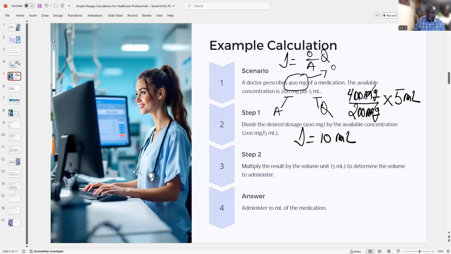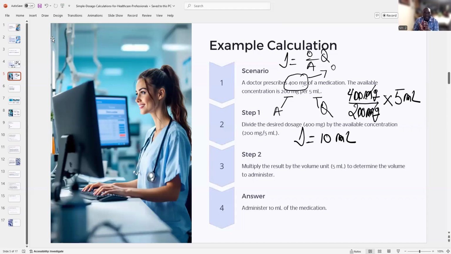Or you can do the same thing as in my explanation here. You can find your available, then divide your order by the available concentration. A concentration is a quantity of medication that has been dissolved in some kind of fluid, some kind of liquid.